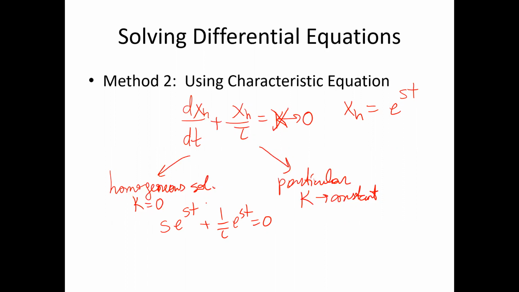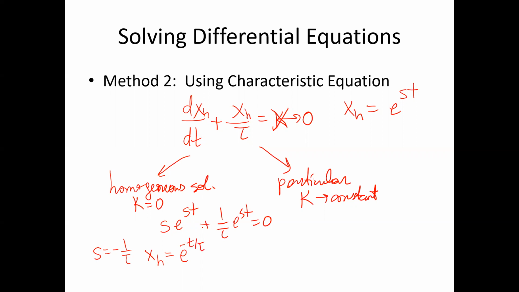The e to the st's are never 0. Therefore, I'm left with s plus 1 over tau equals 0, which when you solve it gives s equals minus 1 over tau. What this tells me is that my homogeneous solution for the equation is e to the minus t divided by tau.